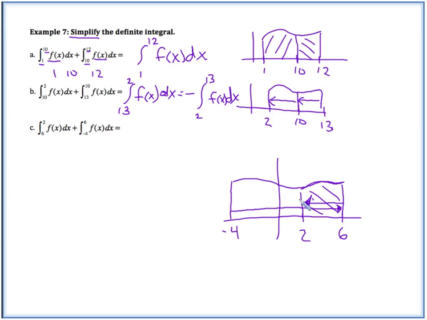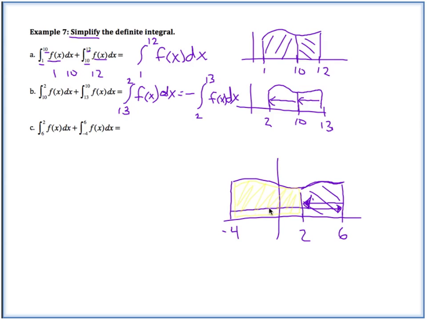So what this has the effect of doing, it adds up all this area from negative 4 to 6, and then it backtracks and subtracts it all the way from 6 to 2. And what we're left with then is the actual area being right in here. Okay, you guys see that?